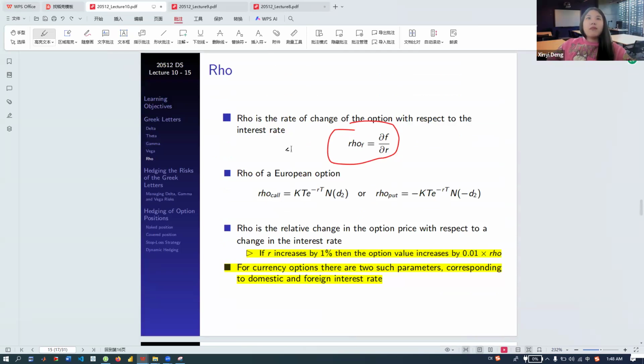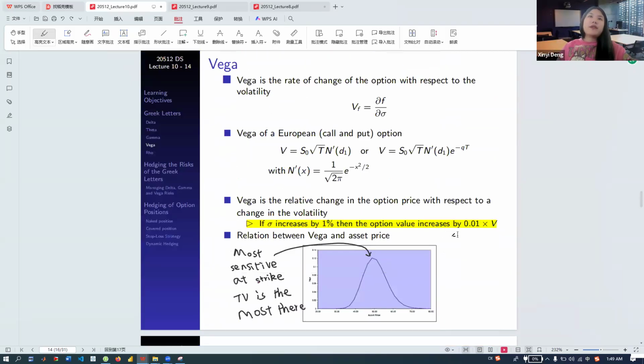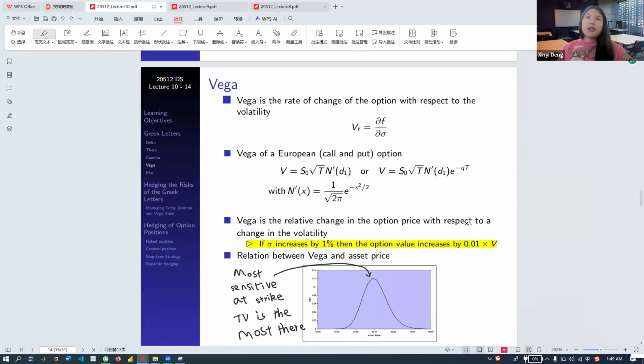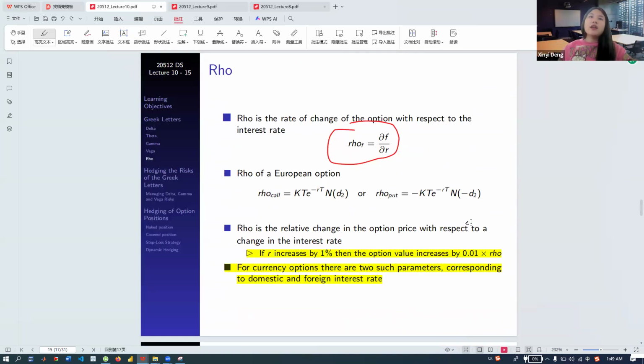Then onto rho. For rho, it's the rate of change of the option with respect to the interest rate. Its implication is that if R increases by 1%, then the option value increases by 0.01 times rho. Note that Vega and rho are a bit special because we usually quote standard deviation and the interest rate in terms of percentage.